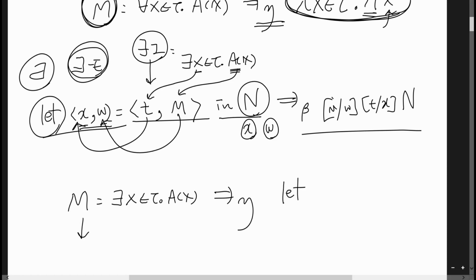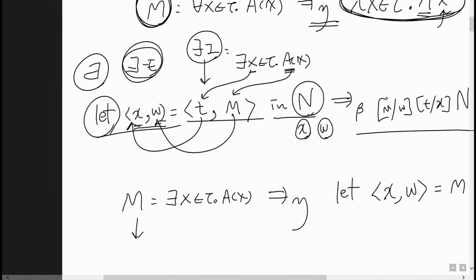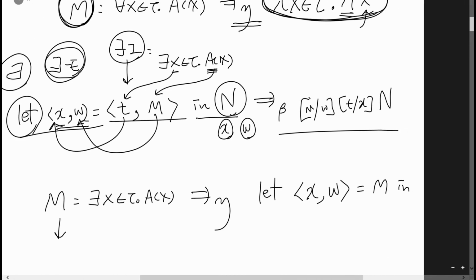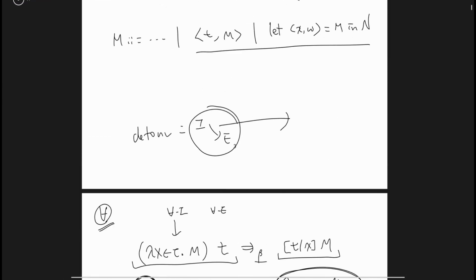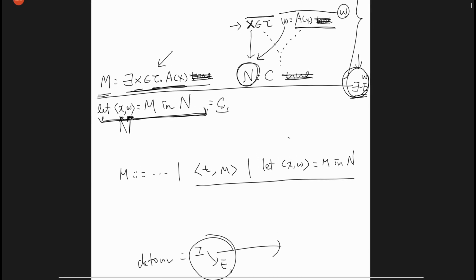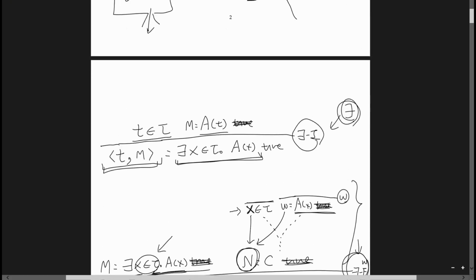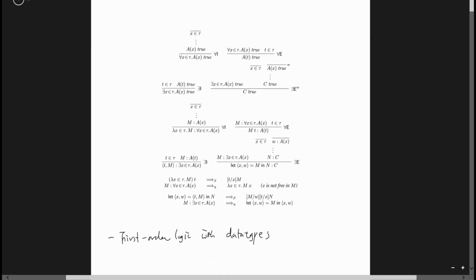So let's assume that the witness is x and the proof is w in proof term N. Then we just rebuild the pair in this way. So that's all. So we have finished reformulating first-order logic using data types.